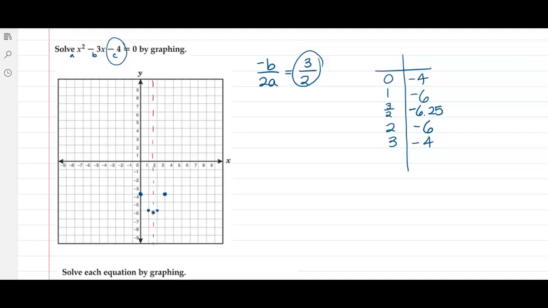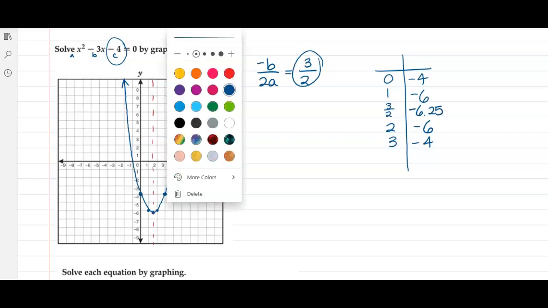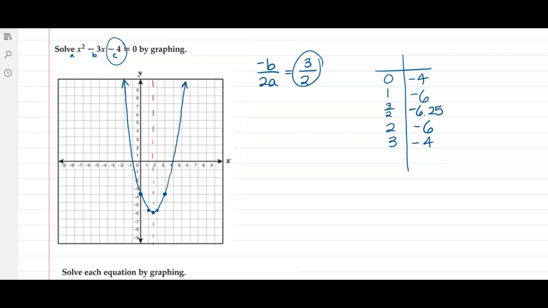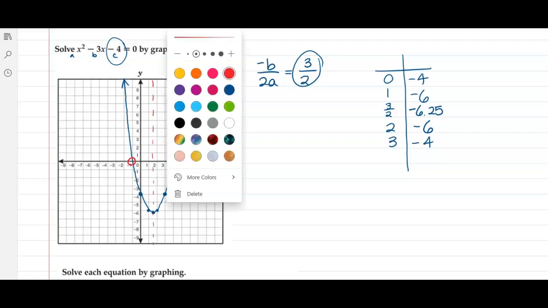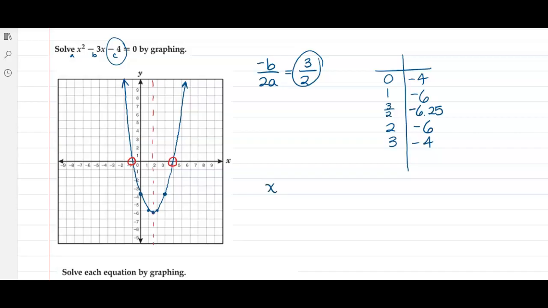And we can connect these points. And we see that we have x-intercepts right here, which means that when x equals -1 or 4, this function is true.